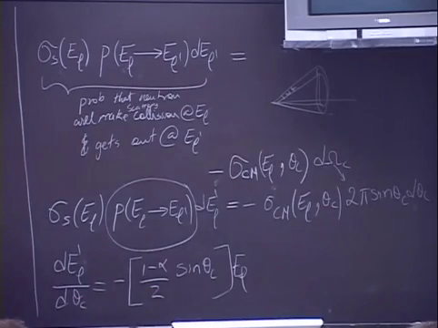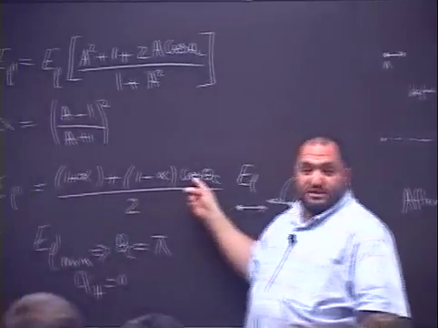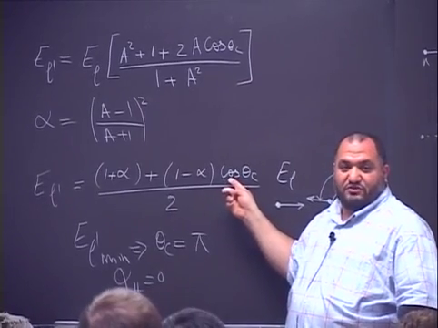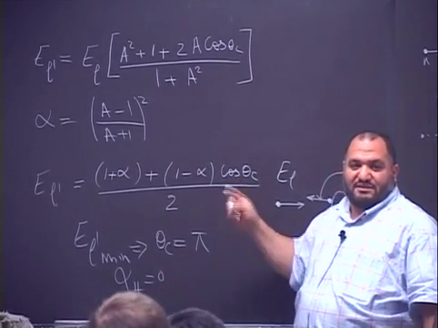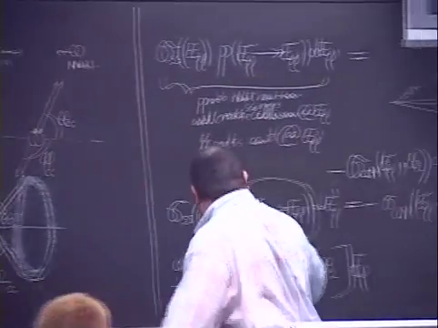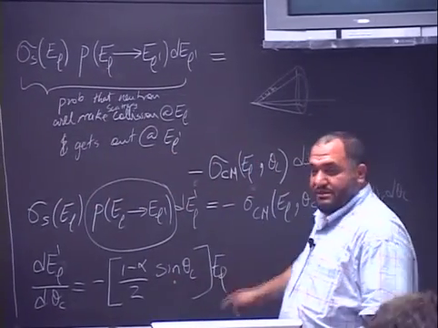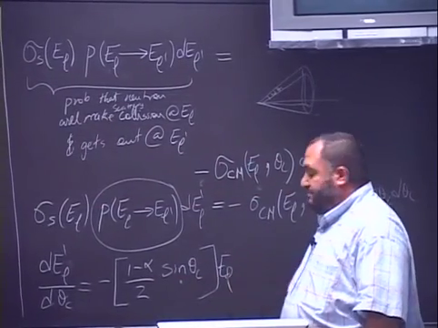Because dEL by d cosine theta, what's the differentiation of cosine theta? Minus sine theta d theta. So this is why you got here sine theta C multiplied by EL.